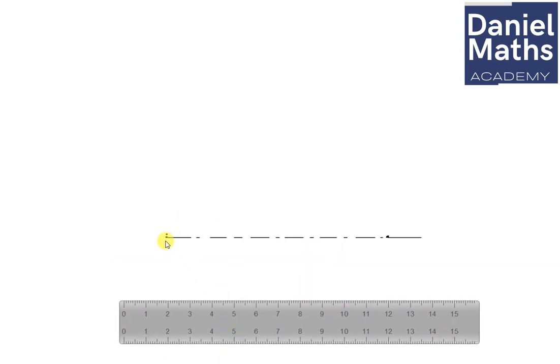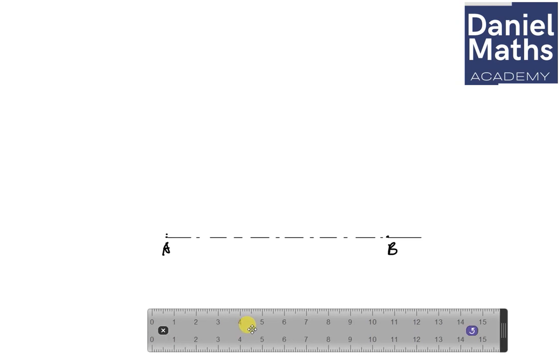So this is my point A, and this is my point B. I could still continue so that I have the center line down to this point, but I will complete that later.